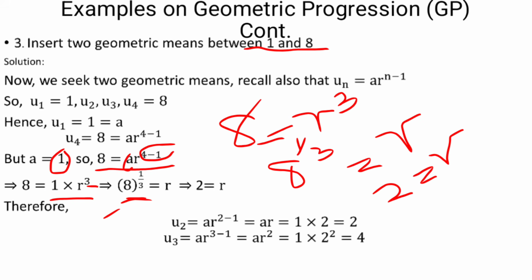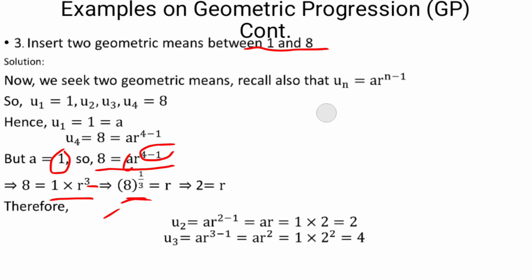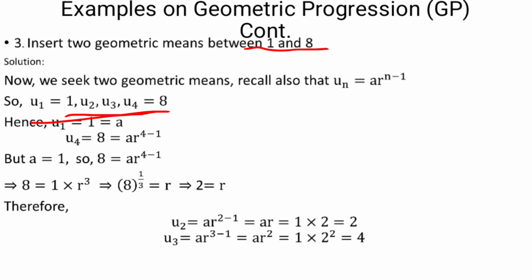Having found r, that helps us know how the progression increases or decreases, right? So we know what to multiply or divide by to get our next term. So what's the formula for u2? If we want to get u2 and u3, we have a, we know it is 1.